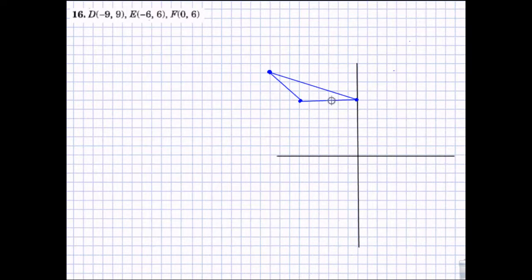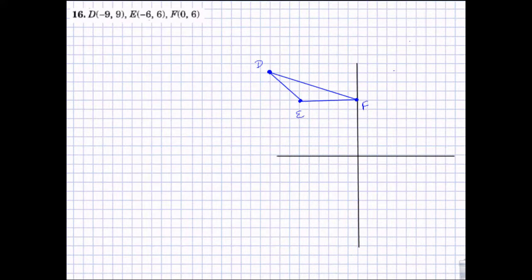Now, this line is flat on the bottom of the triangle. I should probably put the letters on there. D, E, F. Okay. Since this is a flat line, the perpendicular line to this is going to come straight down, and it's going to be outside of the triangle.